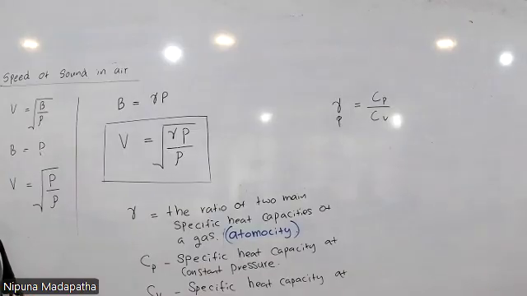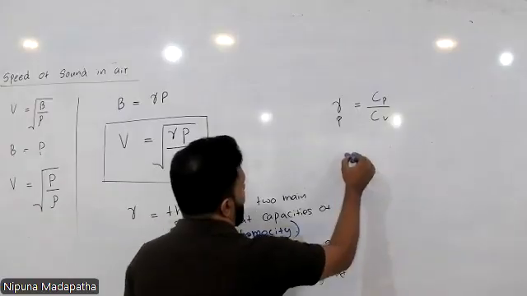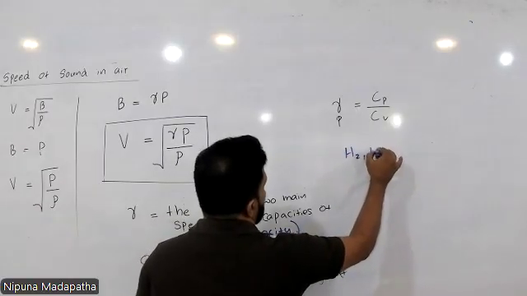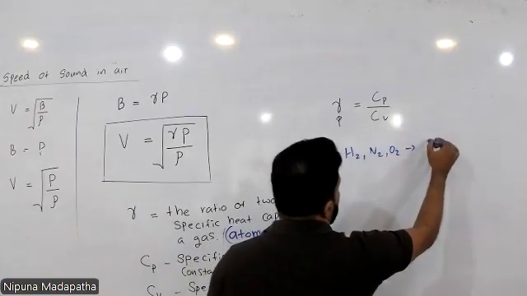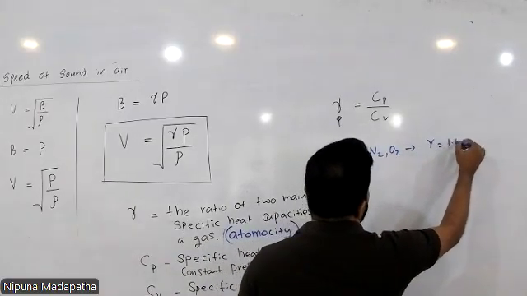If it is a diatomic molecule, gamma has a certain value. If it is a monatomic one, it has another value. For diatomic gases like hydrogen, nitrogen, and oxygen, the gamma value is nearly 1.4.